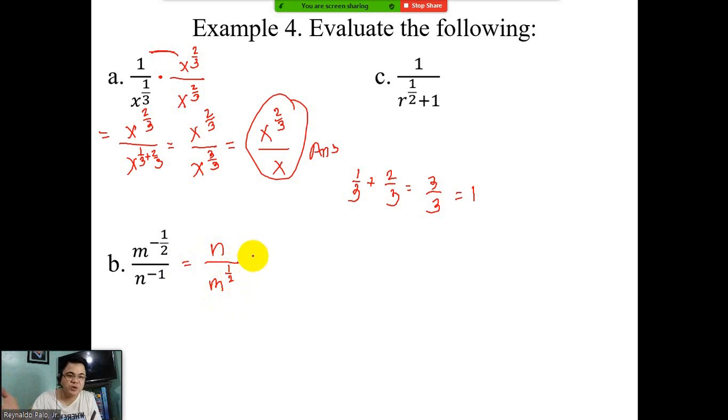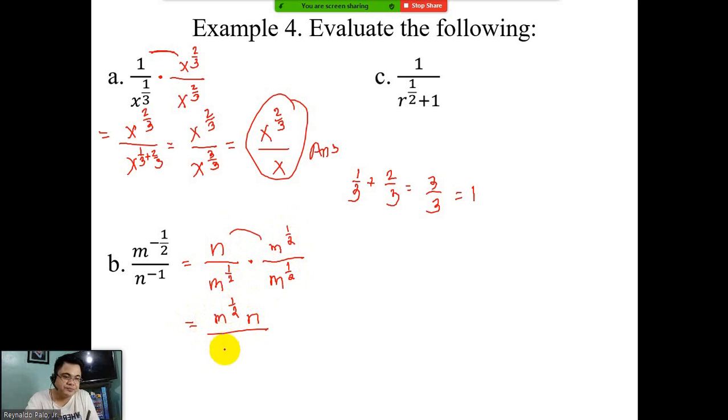So the conjugate of 1/2: what will we add to 1/2 to become 1? Of course, we have to add another 1/2. So the conjugate will be m raised to the power of 1/2. Then the next thing is to multiply. Times m raised to the power of 1/2, the numerator is now m raised to the power of 1/2 times n.